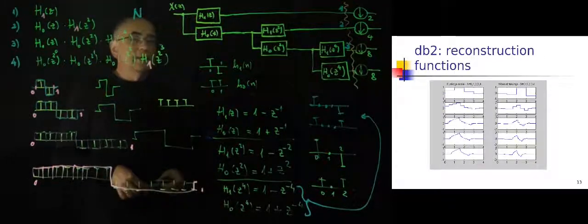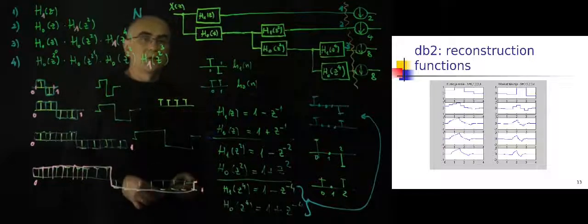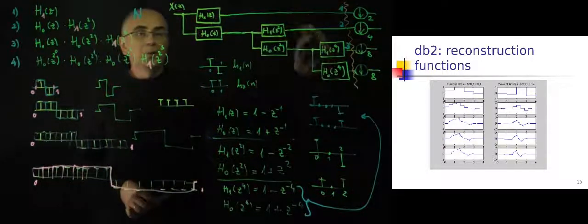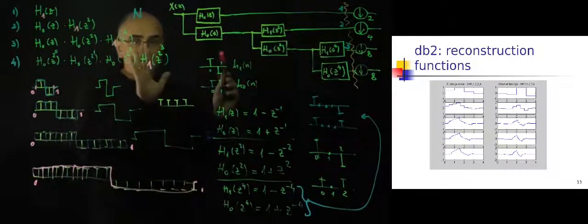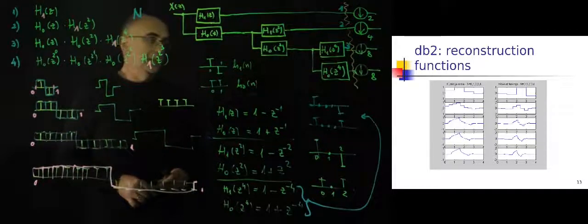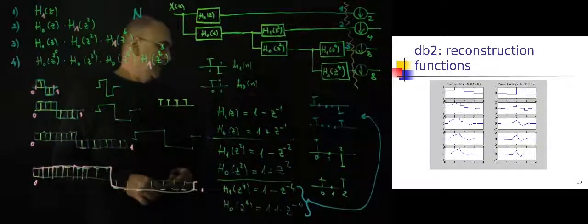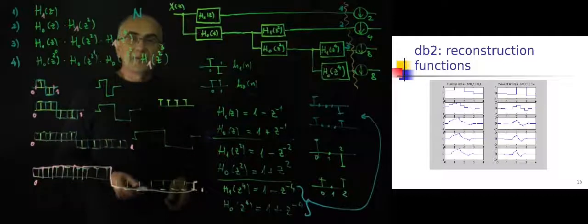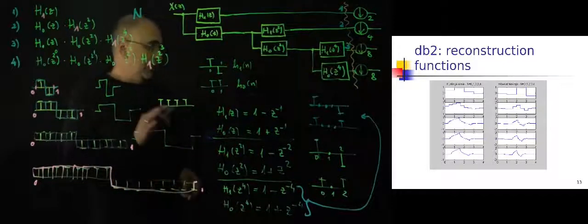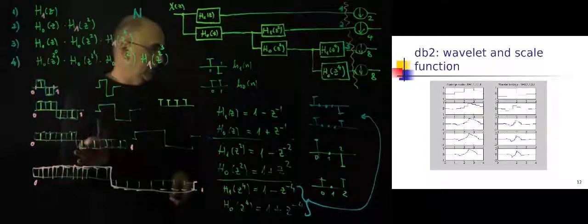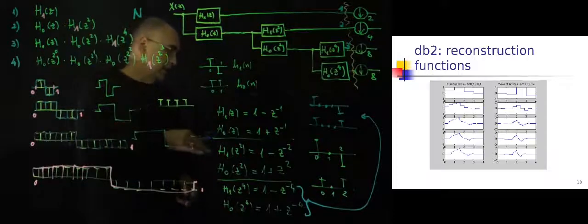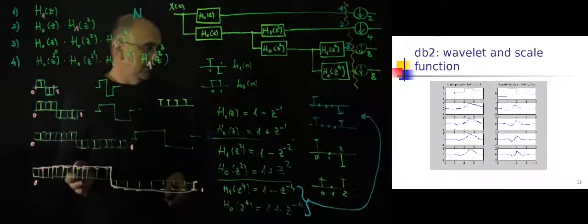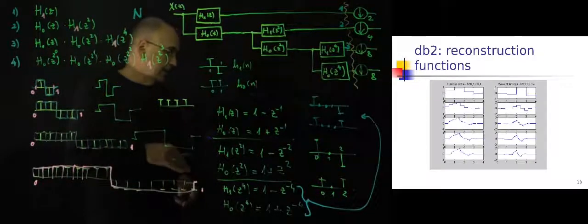If we do the same story on the reconstruction side, which is not drawn here on the light board, we can have something very similar. So let's go one slide before, previous, next, previous, next.